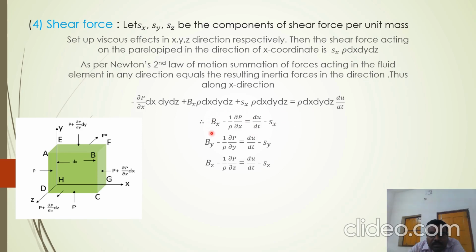Similarly, for the y direction and z direction, the equations can be found like the x component: By minus 1/rho ∂p/∂y equals dv/dt minus Sy, and Bz minus 1/rho ∂p/∂z equals dw/dt minus Sz.